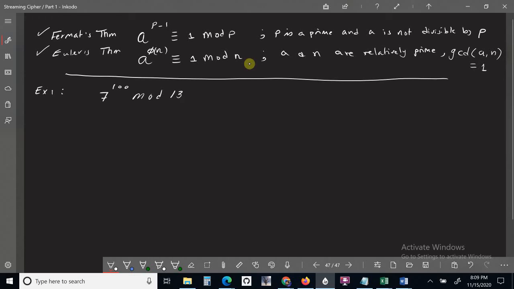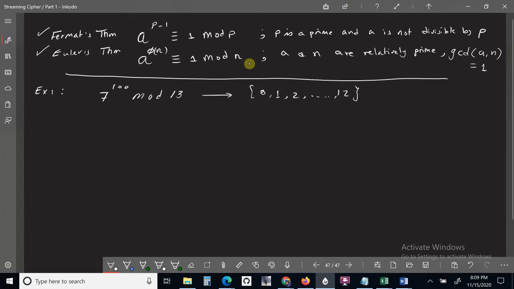So the set of integers that we have is from 0, 1, 2, all the way to 12. So this is the set of integers. We have 13 integers. This is the modulus.